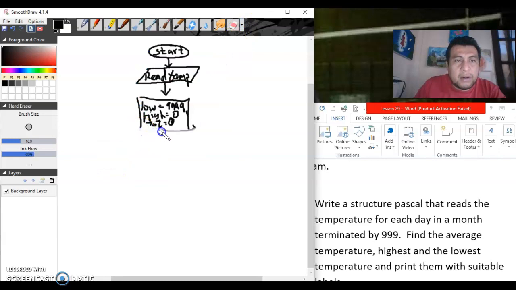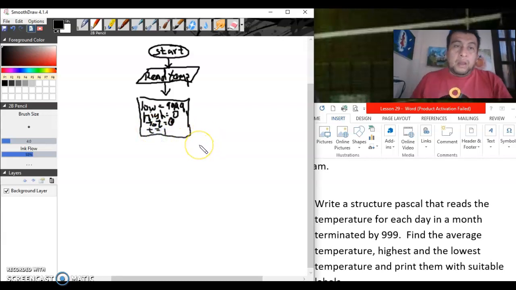Let me use the hard eraser here. Now let's go back to my pencil. Right here I could have used the other one that says T, and I initialize it with 1. If you wish, you can do it individually. Then I have here the loop.